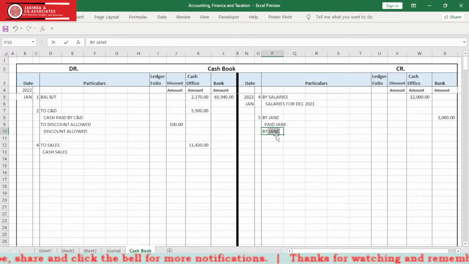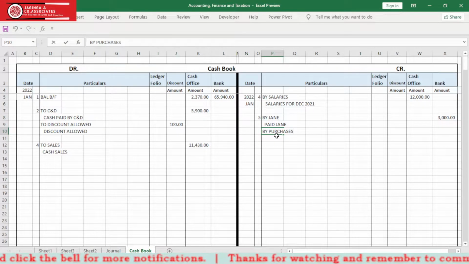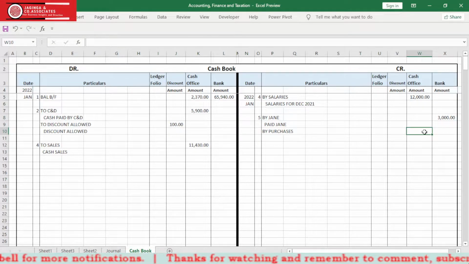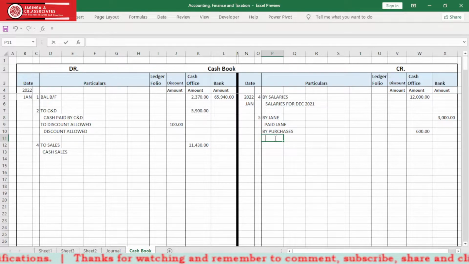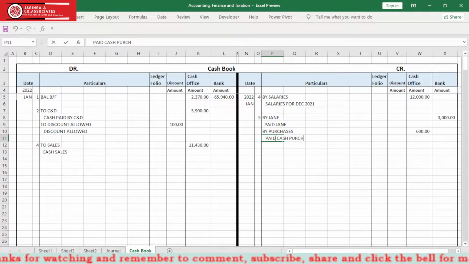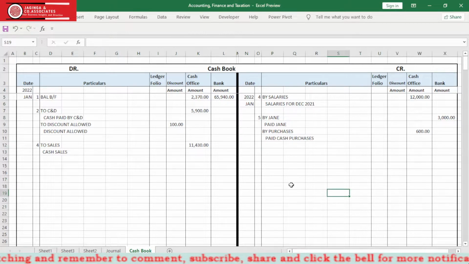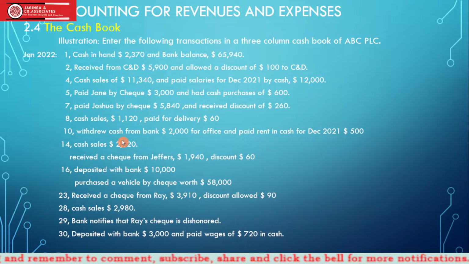So here we write by purchases, and the cash purchases was 600. So we narrate here: paid cash purchases. So that was on 5th.